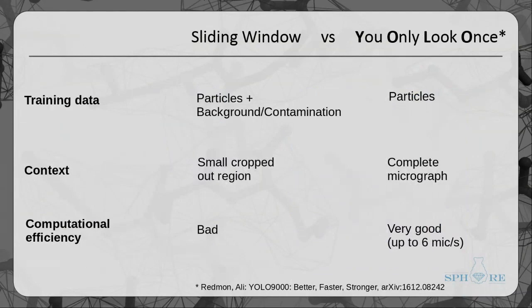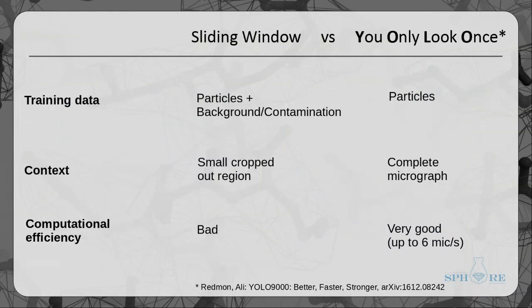If you compare both approaches, for the normal sliding window implementation, you typically need examples for your particles and for your background and contamination. For the YOLO approach, you only need particles, so you only have to label your particles. There's no negative example sampling necessary.